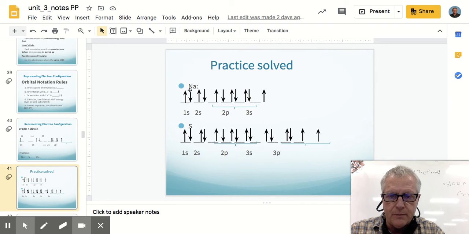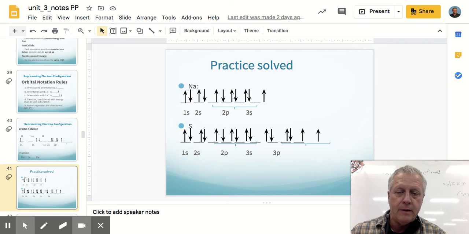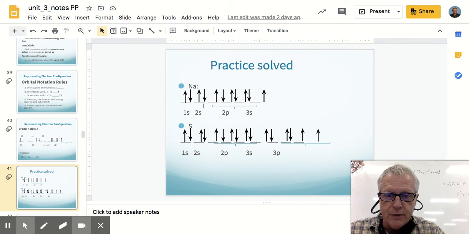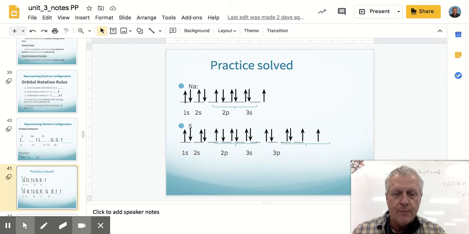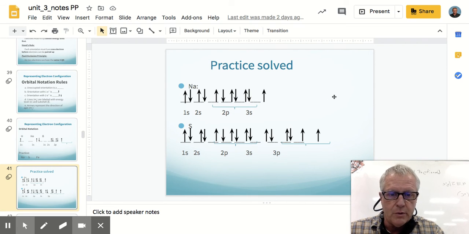We have an up arrow representing an electron that has a positive spin, and the down arrow representing the electron spin being negative, or opposite spin. Notice that the shells fill up like that, and as you go along, you might end up having one down here that has a single electron in it. The arrows are representing electrons, and they're paired. That's the idea behind orbital notation.